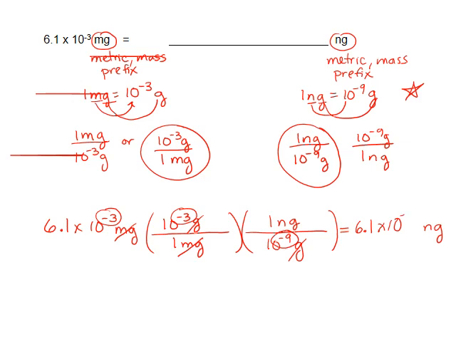So we have minus 3 minus 3 minus a minus 9. So our final answer will be 6.1 times 10 raised to the negative 6 plus 9, which is plus 3 power, and our units will be nanograms.